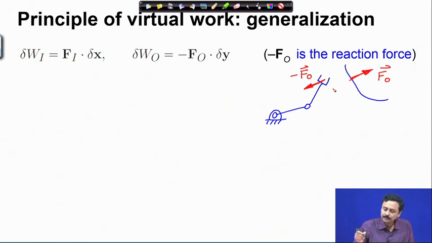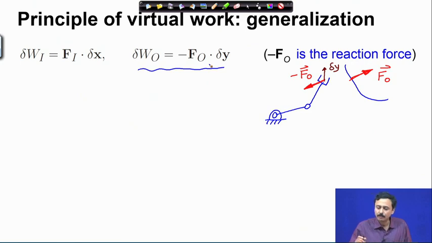So, therefore, if delta y is the virtual displacement at the output, therefore, delta WO, which is the virtual work done at the output, is given by minus FO dot delta y.